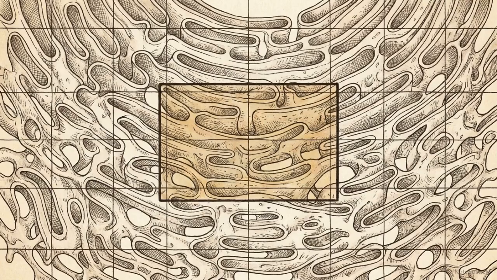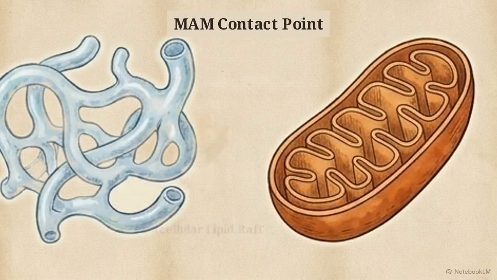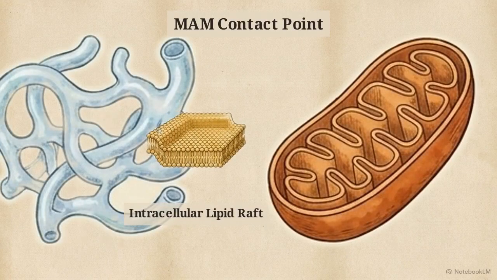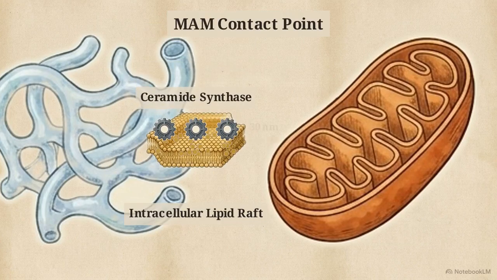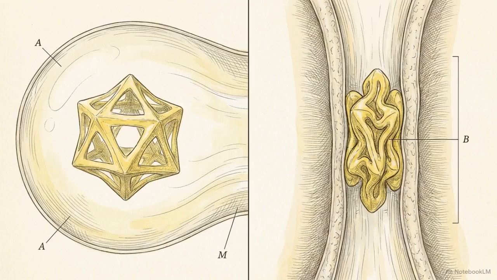The ER side of the gap has its own specialized composition. Structurally, this localized zone is an intracellular liquid raft, heavily enriched in cholesterol. Crucially, this raft is the designated home for ceramide synthase enzymes, which lock directly into this domain. In lipid biology, there is a strict topology principle.